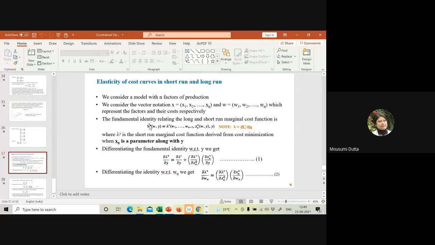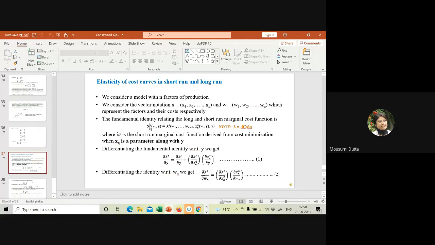The long run total cost curve envelops the short run total cost curves. The long run average cost curve envelops the short run average cost curves. The long run marginal cost intersects the short run marginal cost curves. Can you remember this?